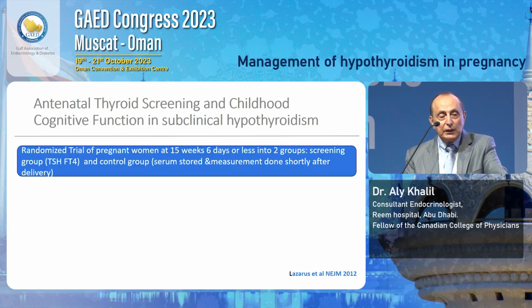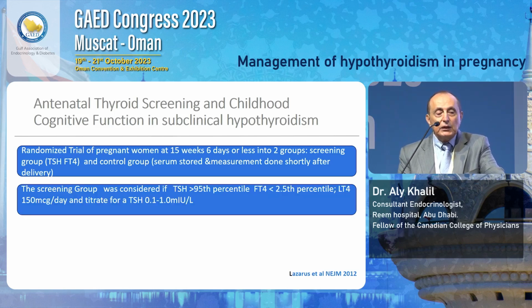For this, they randomized pregnant women at 15 weeks into two groups. A screening group, where they measured TSH and free T4 on the spot when they did the screening, and the control group, who had their TSH and free T4 done immediately at delivery, not at the time of screening.